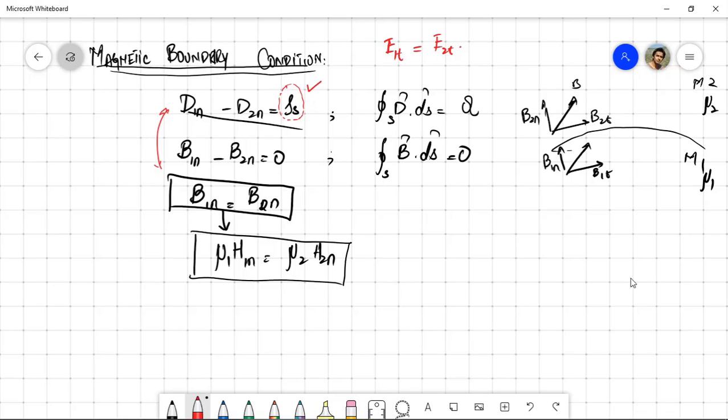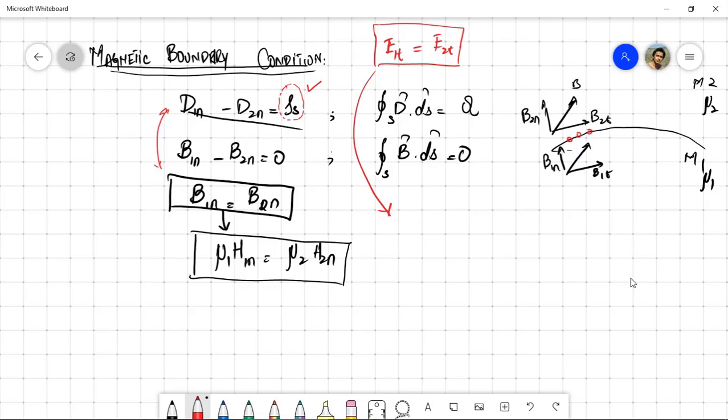But if we extrapolate this reversal to the magnetic field, we can say that the tangential component of magnetic field intensity may not be continuous if we have a current density present at this boundary.